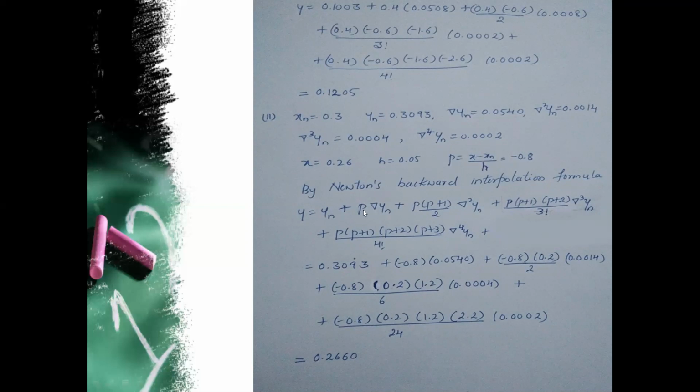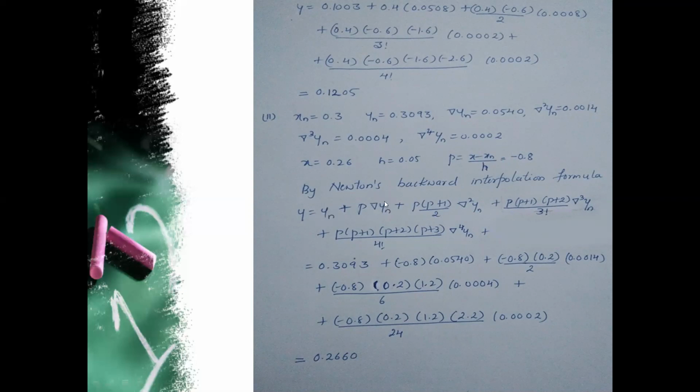Now write Newton's backward interpolation formula. y equals yn plus p into del yn plus p into p plus 1 by 2 factorial del square yn plus so on. It continues until we write del raised to 4 yn, which is the last value in the table. Here we have yn, whereas in the forward interpolation formula we have y naught. Note that difference.